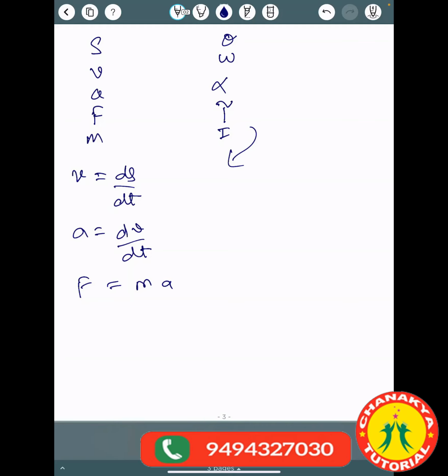Done, guys? Yes, sir. Samhita, tell me what is the first formula you have written? Angular velocity omega is equal to d theta by dt. Okay, Shreyata, you tell one.